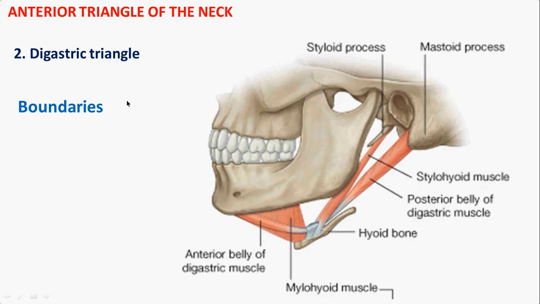As the name suggests, digastric muscle. So it is present in between the two bellies of the digastric muscle. Antero-inferiorly, the anterior belly of digastric, and postero-inferiorly, the posterior belly of the digastric and another muscle, the stylohyoid muscle. So this is the styloid process and this is the hyoid bone.